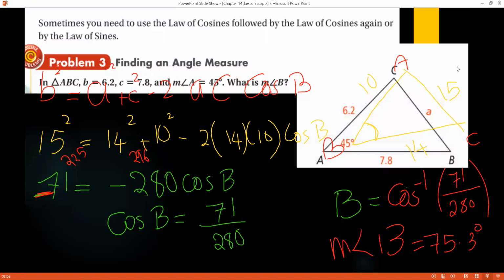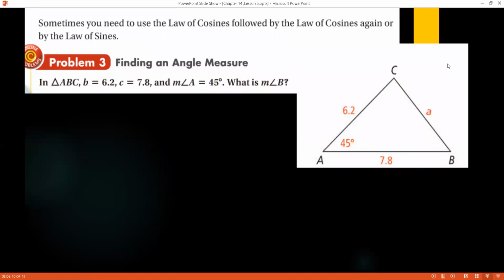Now, sometimes you need to use the law of cosine and then solve the question in 2 steps. Law of cosine, then law of sine, in order to solve the triangle. Let's see here.